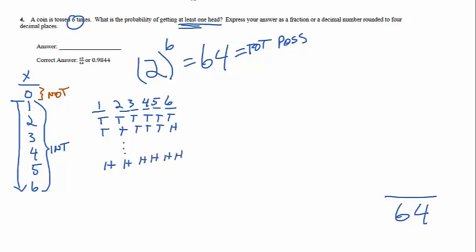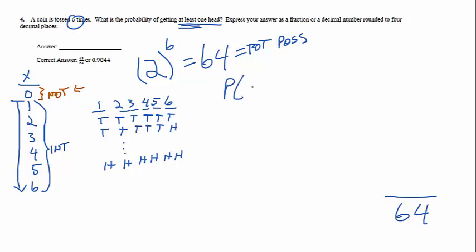Now, intuitively, you can sit down and add these up. All the possibilities where there's 1 head, and the next one when there's 2 heads, and the next one when there's 3 heads, and you add them all up, or you can look at the complement, okay?